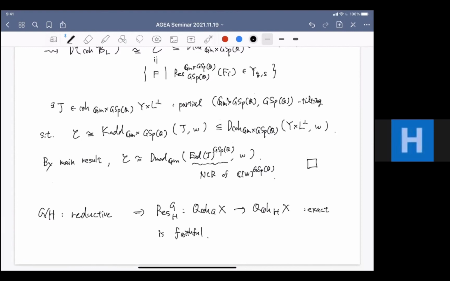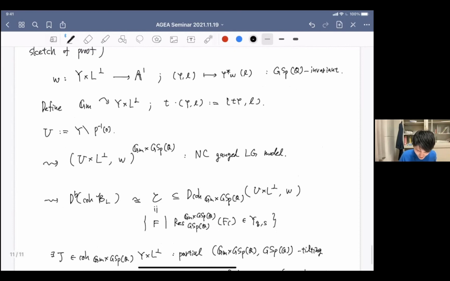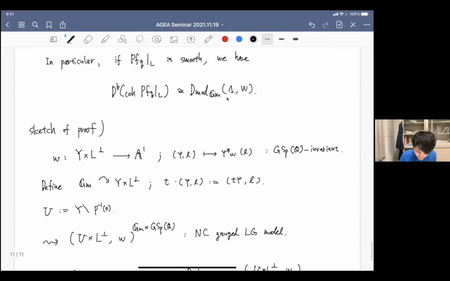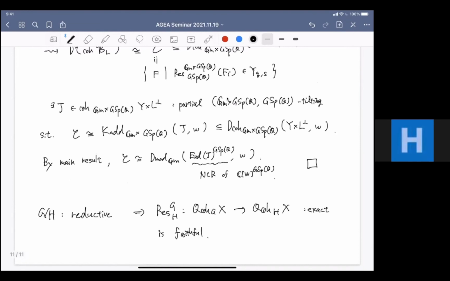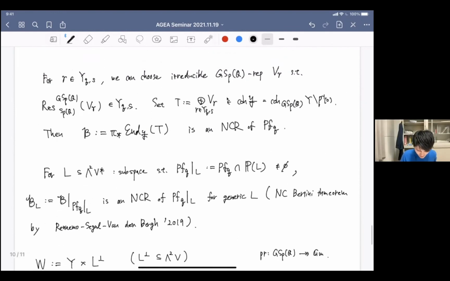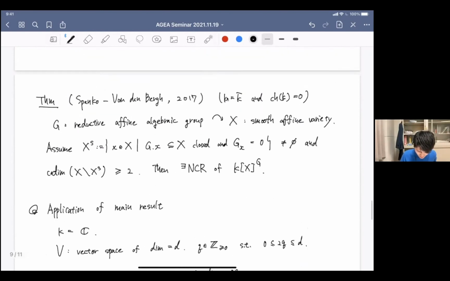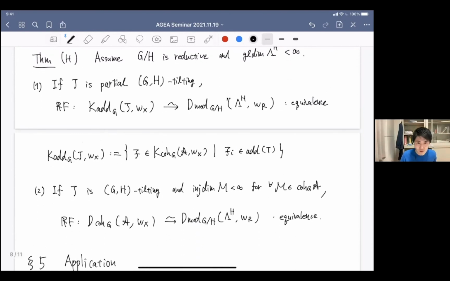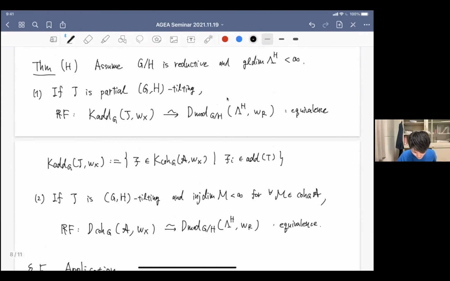Sorry, I couldn't understand your comment. Should I repeat it? Should you generalize your result from the global quotient to a smooth stack with local orbifold structure? Generalize this theorem? Yes, maybe you can. I think so, but I didn't check that.